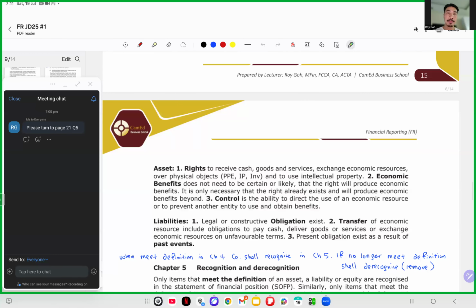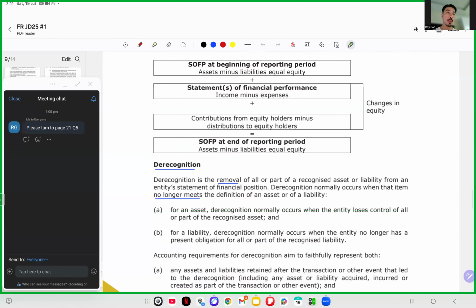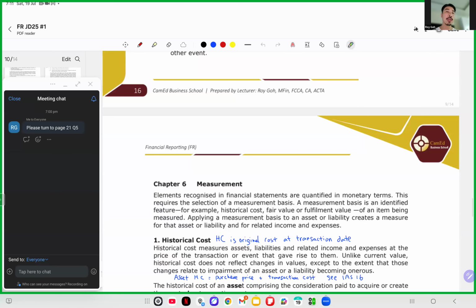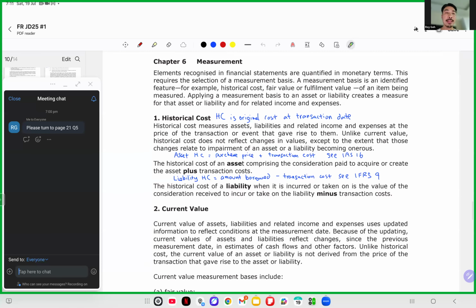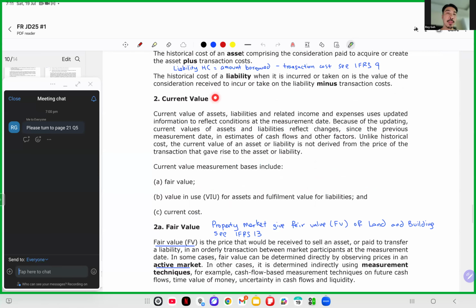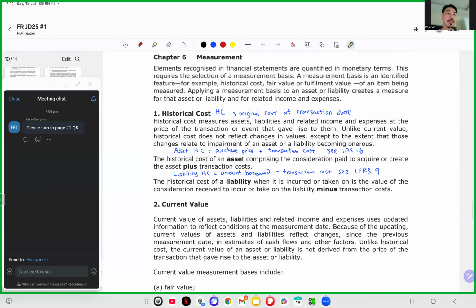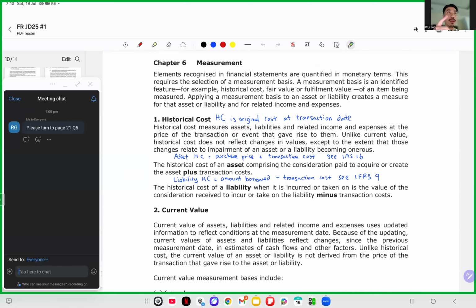Last lesson, Monday earlier this week, we learned chapter 6, which is called measurement. There's this current value. There's also this historical cost. So how would you answer question number 7 using historical cost and current value?